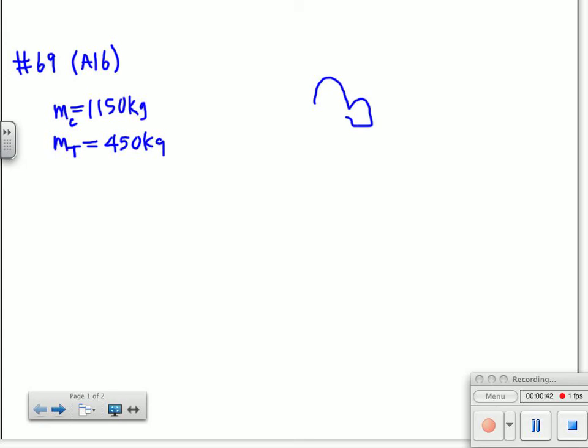So picture-wise, we have a car with some sort of trailer behind it. The car exerts a horizontal force of 3.8 times 10 to the 3 newtons against the ground in order to accelerate. So there's a third law case here. Essentially, the car pushes back this way. We'd call that force of car on ground.